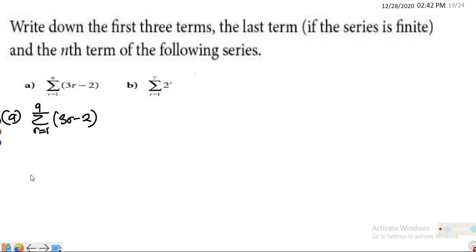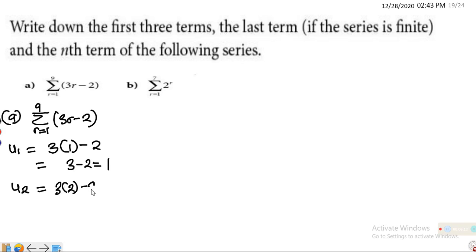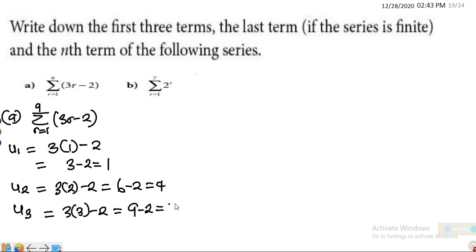Now the first term u1, when r equals 1, is 3 times 1 minus 2, which is 3 minus 2, which is 1. The second term is 3 times 2 minus 2, which is 6 minus 2, which is 4. The third term is 3 times 3 minus 2, which is 9 minus 2, which is 7.